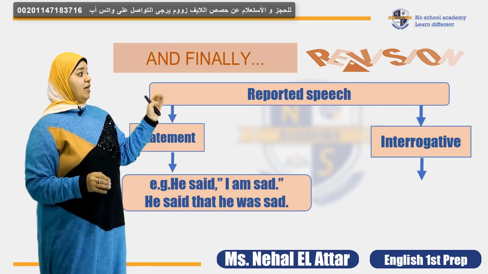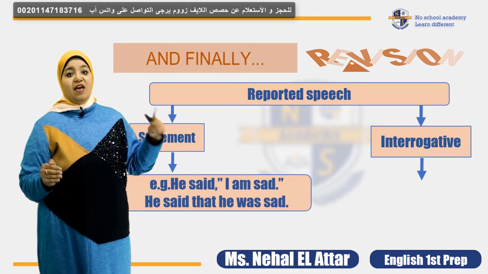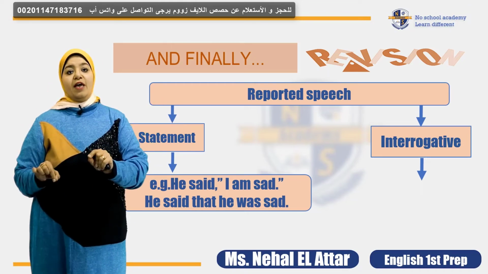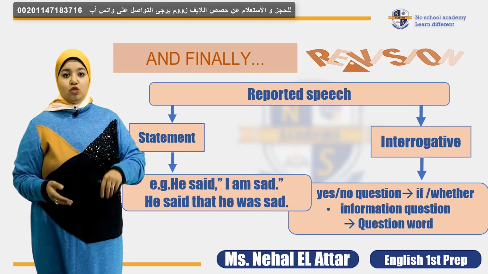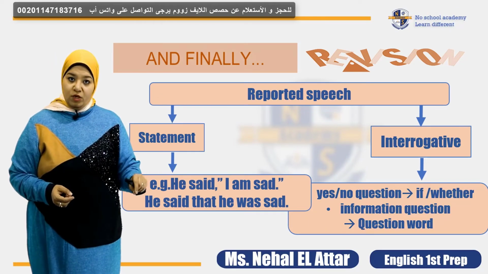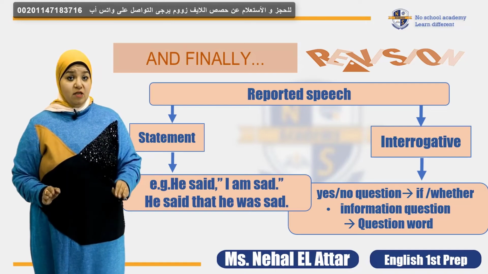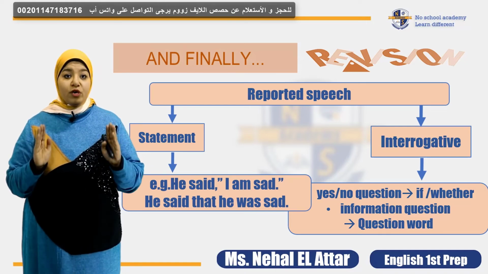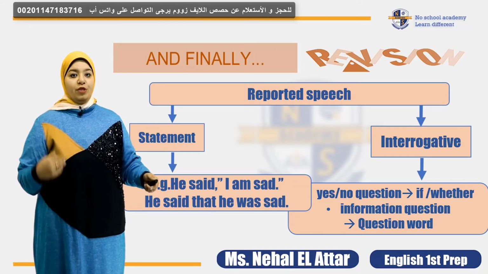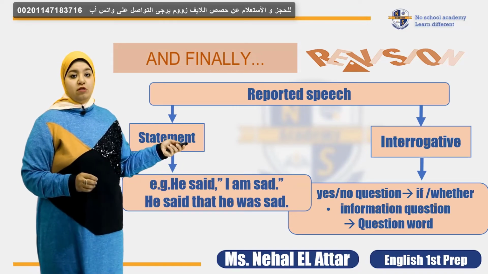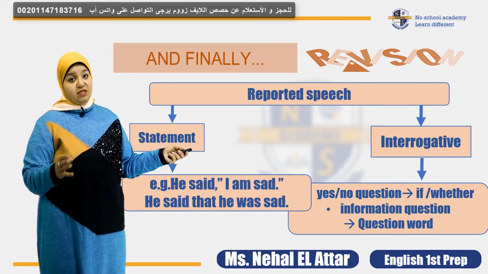He said that he was sad: present simple becomes past simple. For yes or no questions, we put if or whether. If it's a question word, we use the question word as it is, but watch out for the order and sequence of the words.